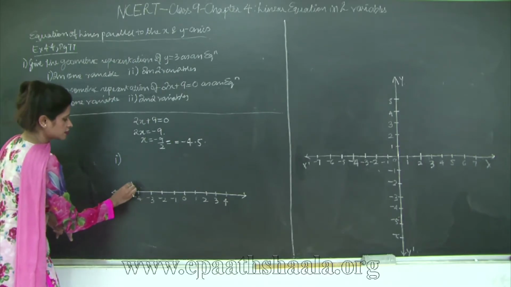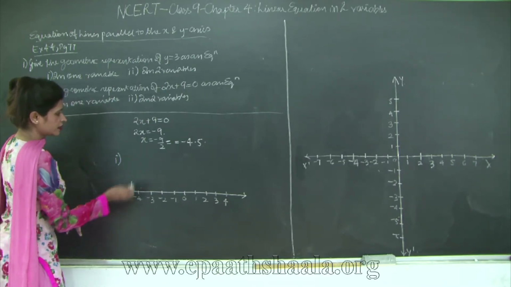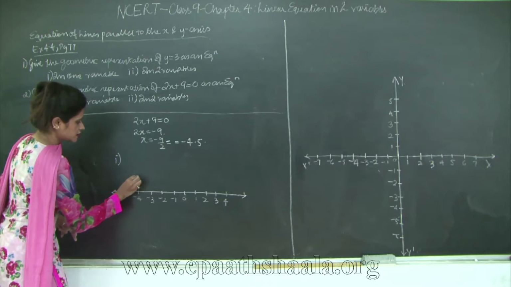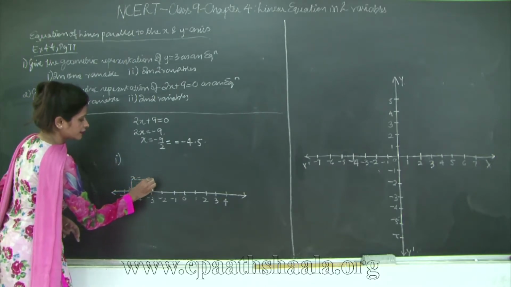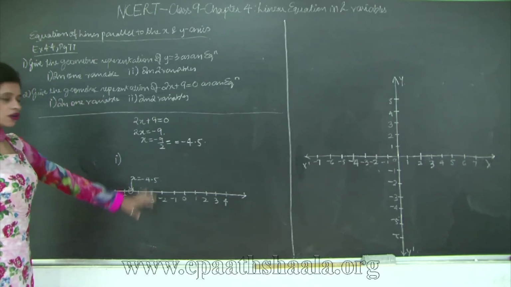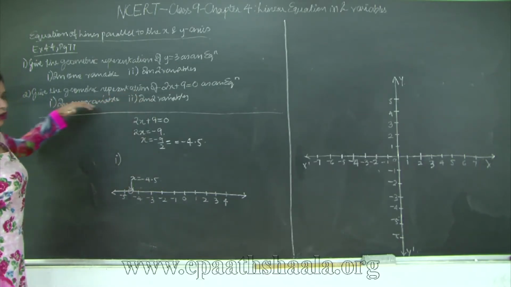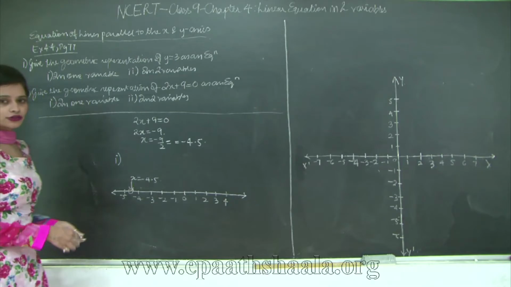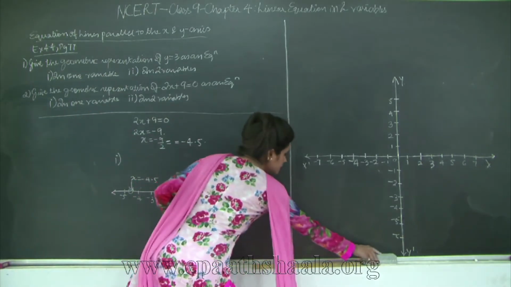So, this point is x equal to minus 4.5, correct. So, we have represented this equation in one variable on a number line. That is the solution of this equation on a number line.